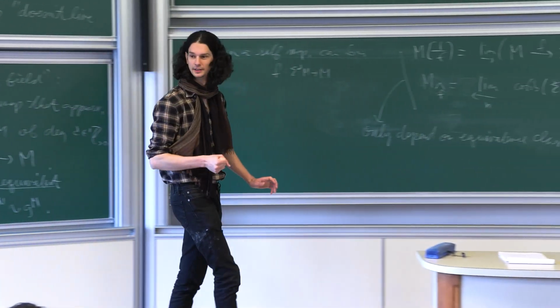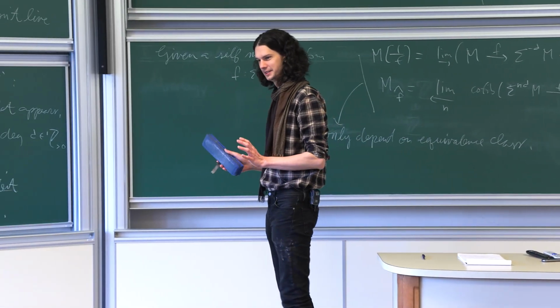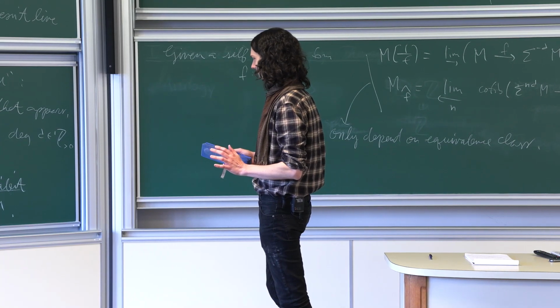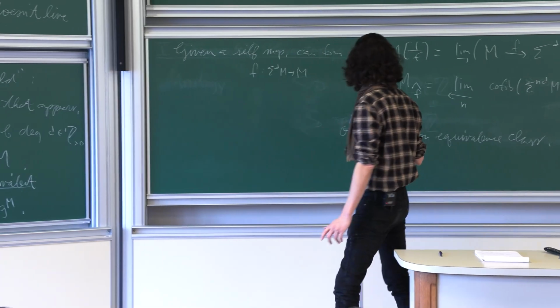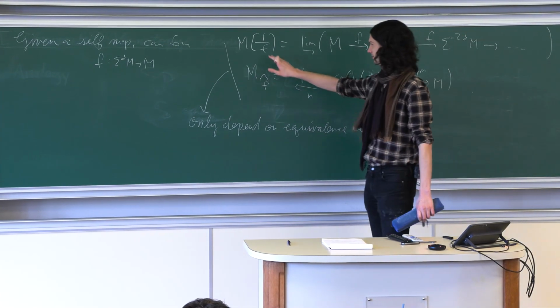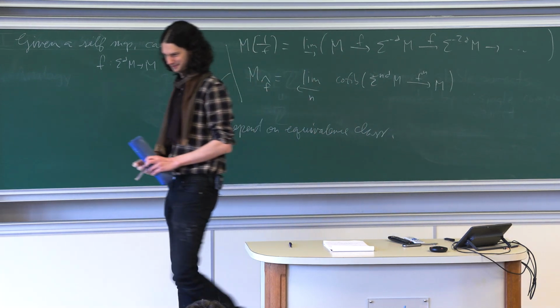But the automorphism group will act on the triangular somehow. Sorry? If the equivalence is not, there is a space of equivalences, more or less. You're right. So let me just say that the isomorphism class of these objects only depends on the equivalence class.